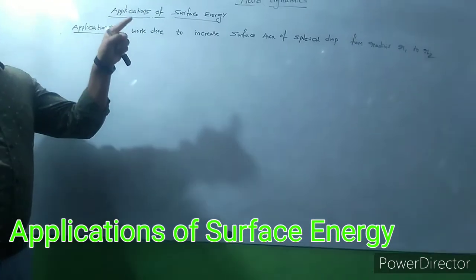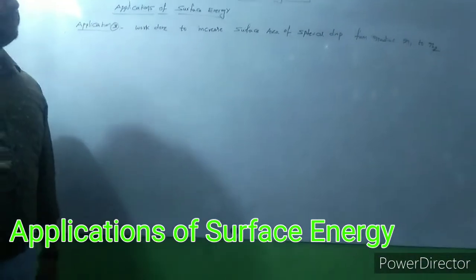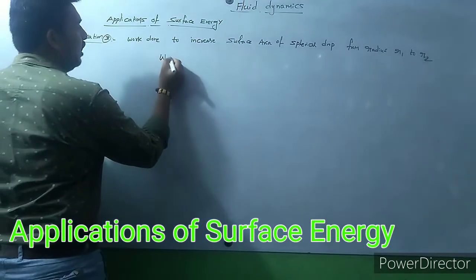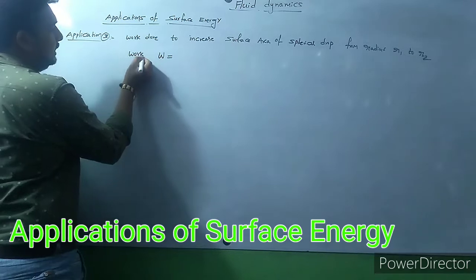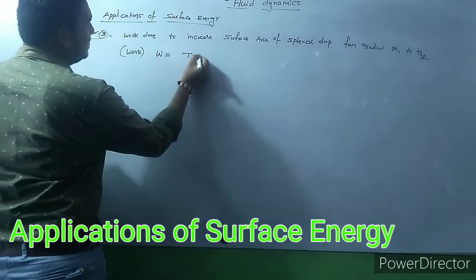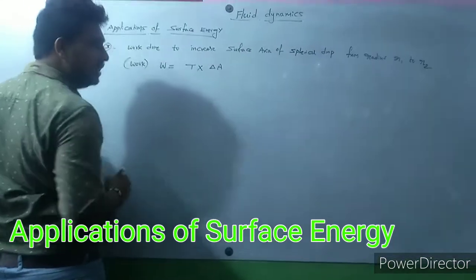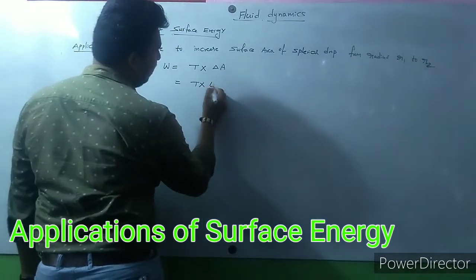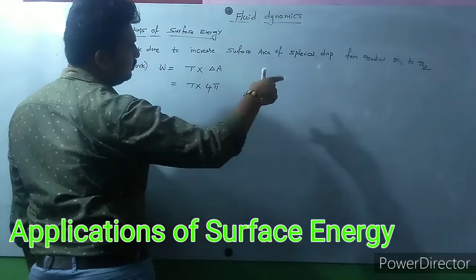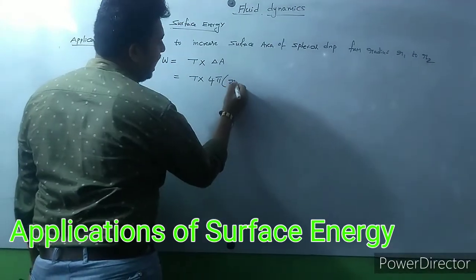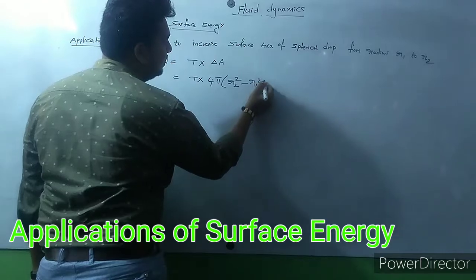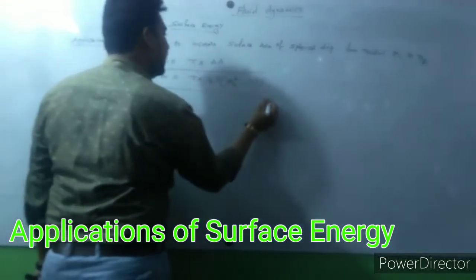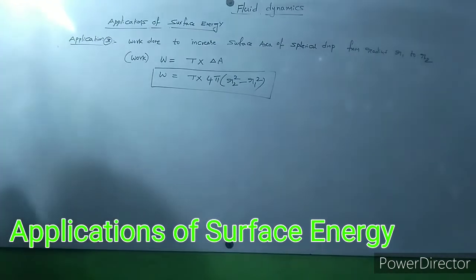The work done formula is equal to surface tension into change in surface area. So surface tension T, and the change in surface area is 4 pi, changing from R1 to R2, that means R2 square minus R1 square. So work done is T into 4 pi into R2 square minus R1 square.